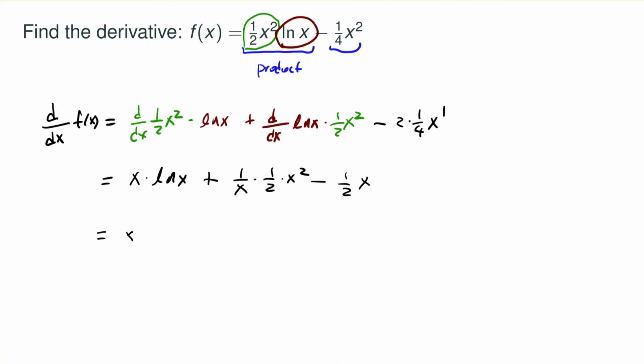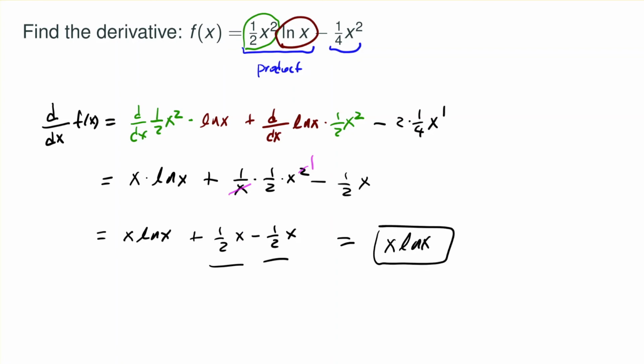So let's simplify. We can see one of these x cancels one of these x. So we are left with 1 over 2x minus 1 over 2x, which cancel out. So the only thing we have left is x times natural log of x. So this is the derivative of this function right here.